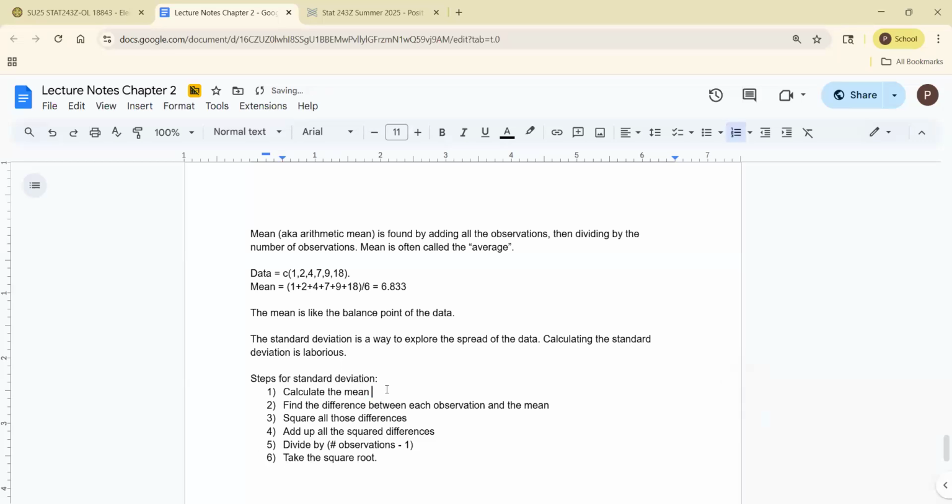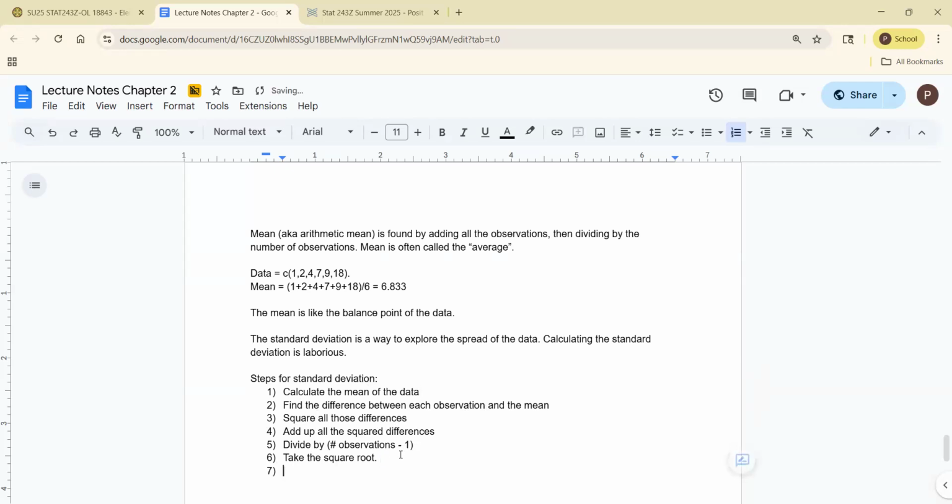Calculate the mean of the data. Find the difference between each observation and the mean. Square all of those differences. Add up all the squared differences. Divide by the number of observations less 1. And then take the square root.